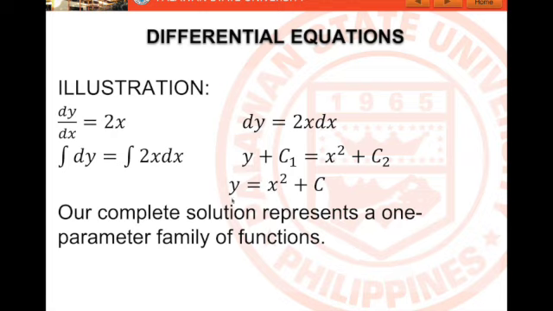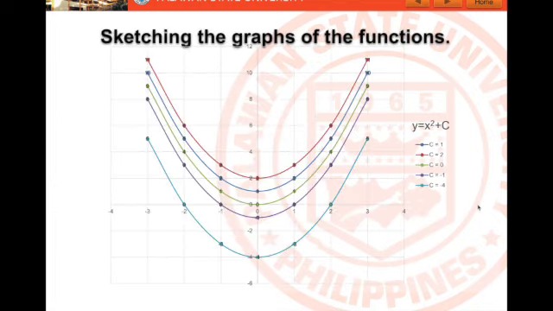So let's try to plot this equation, y equals x squared plus c, for different values of c, and we will get this. So these are the graphs. We have y is equal to x squared plus c. This blue one would be where c is equal to 1. Okay, this is the origin. This is 1.